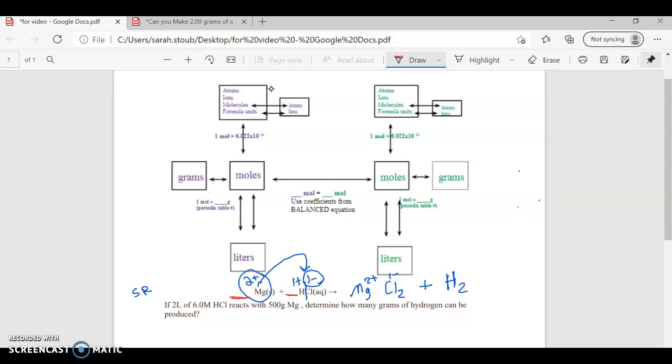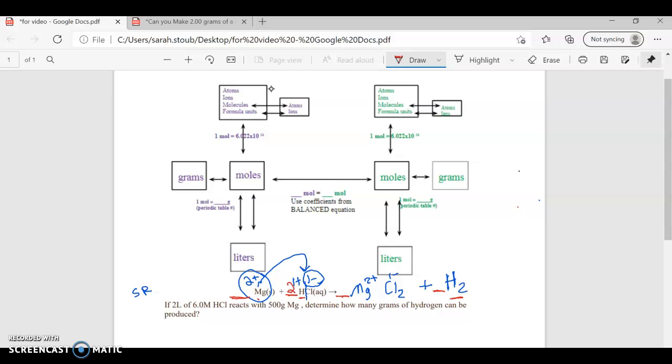That means I've got to put these numbers out in front here, in order to have the number of atoms on the left be exactly the same as the number of atoms on the right-hand side. On the left side, I've got 1 magnesium, and on the right, I've got 1 magnesium. That's good. On the left, I've got 1 hydrogen, but on the right, I've got 2 hydrogens. So it's like I created something from nothing. Only God can do that. So I've got to put in a 2 right here out front.